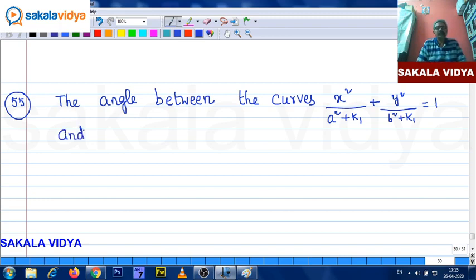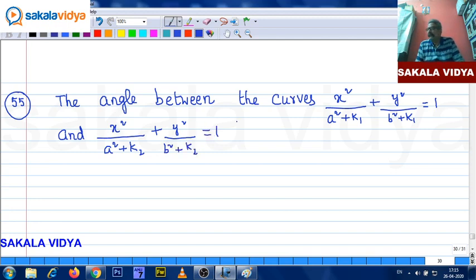and x square by a square plus k2 plus y square by b square plus k2 equals to 1 is the angle between the curves we need to find out.